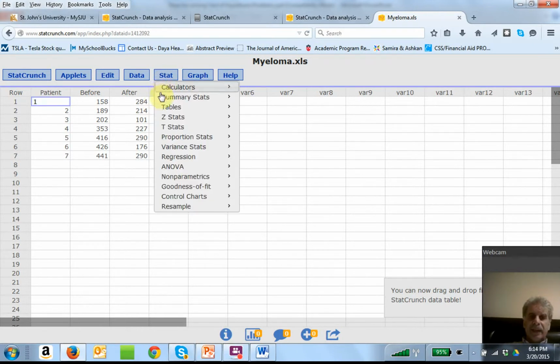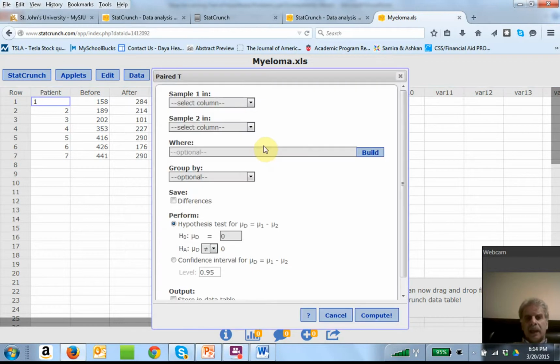And now I know I have to use a t-test for paired observation right away. Remember, this was a dependent case. That's why I go to the paired case. Now it's asking about the first group. Actually, it's before. The second group is after.